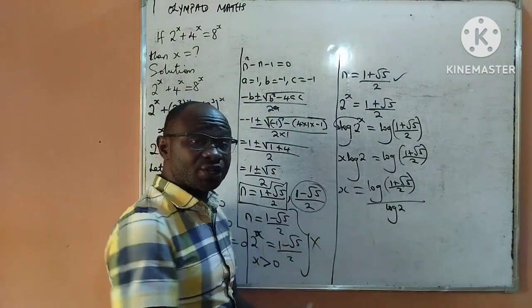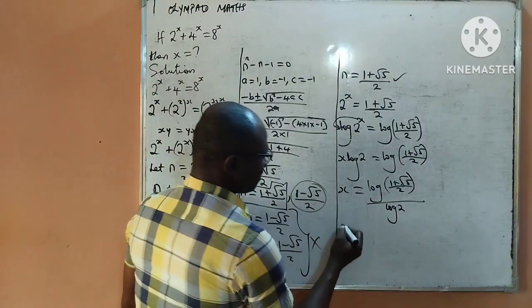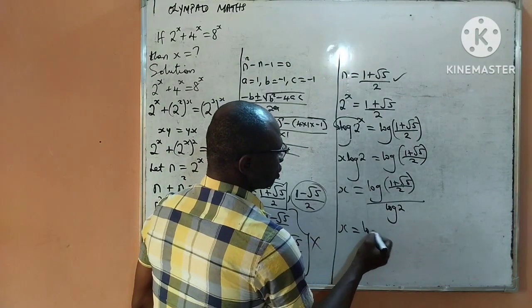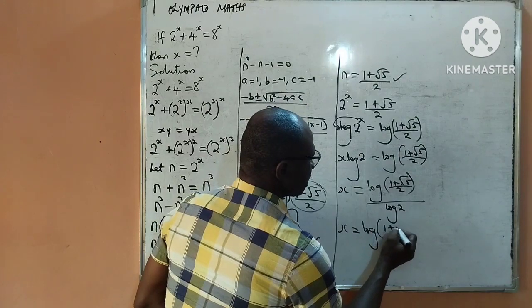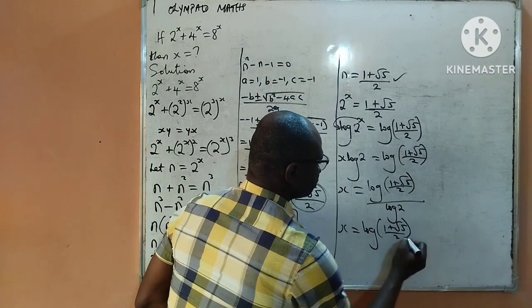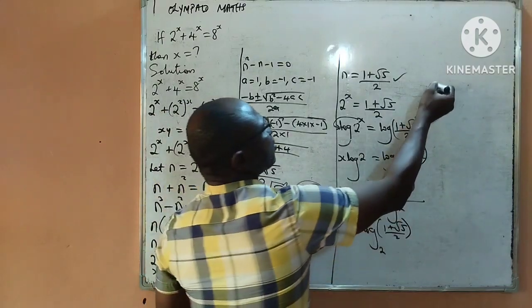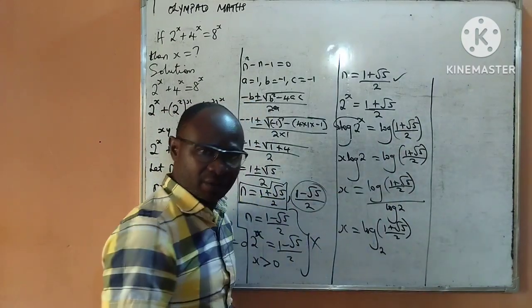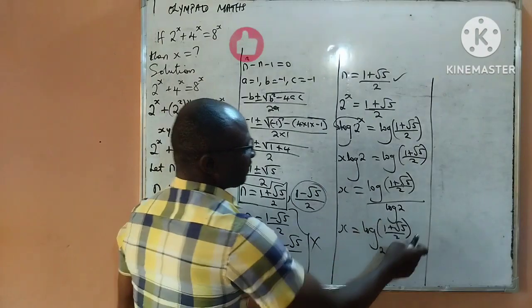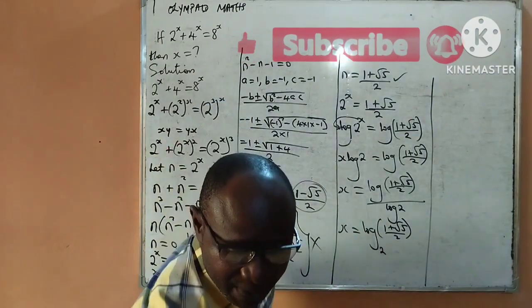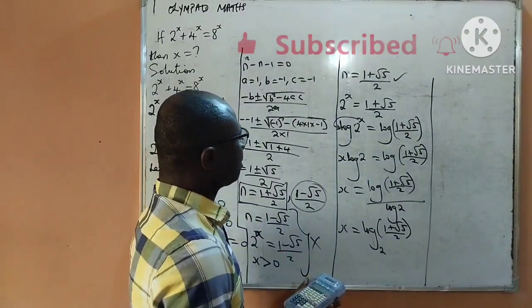Okay? If you use change of base, our answer here can be x equal to log of 1 plus root 5 over 2, base 2. We can also find the actual value of x by simplifying what we have here. And that means I can make use of a calculator.